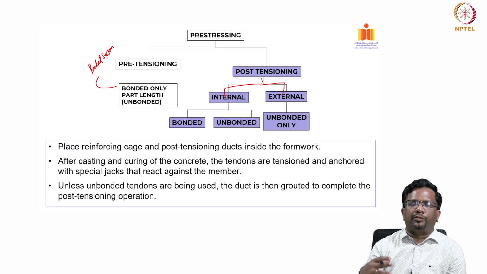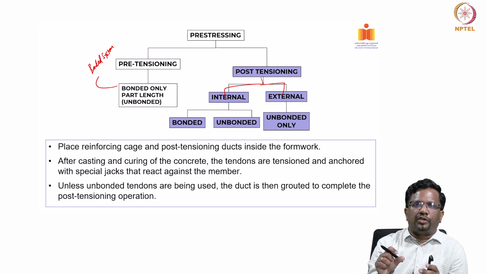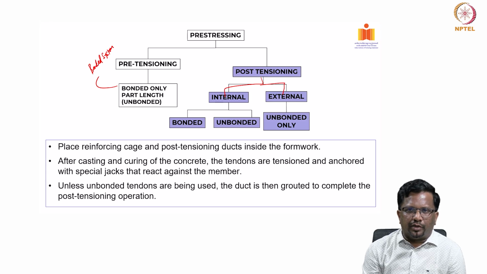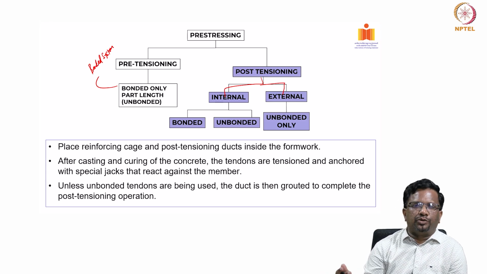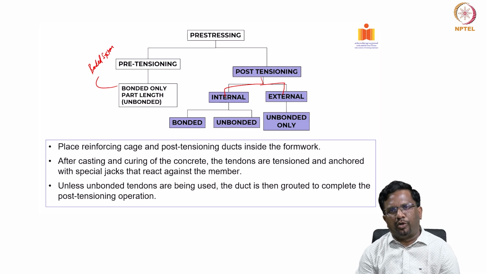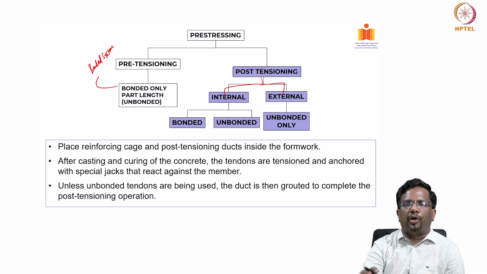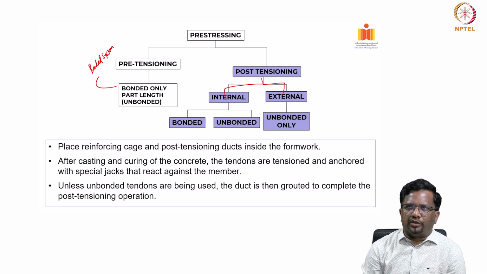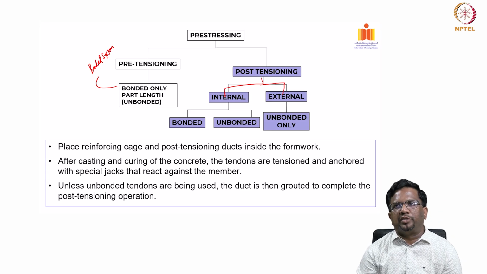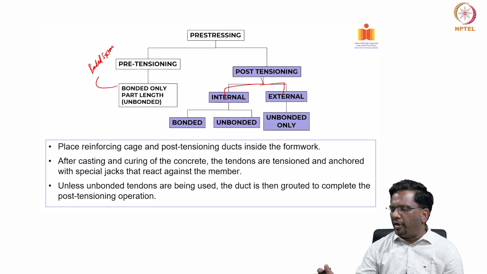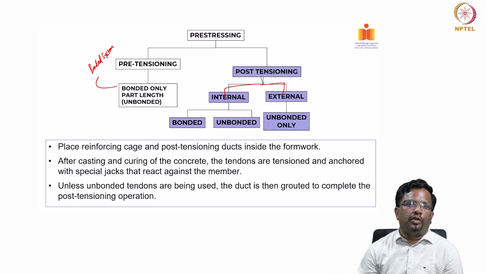Okay. So, that is why I said if it is not sitting along with concrete, it is called external. And in internal also, now we have two systems, bonded and unbonded system. In pre-tensioning always they are bonded system, but in post-tensioning depending upon whether you grout the duct, it can be a bonded system or unbonded system. But in external post-tension system, they are invariably unbonded system.